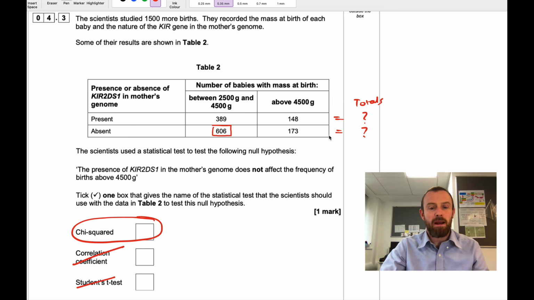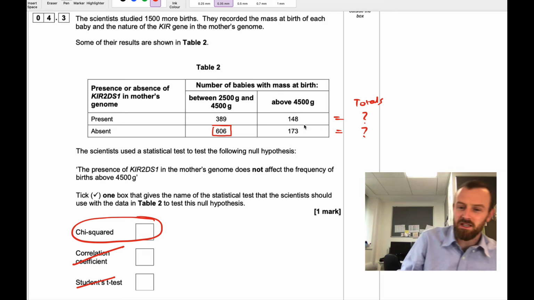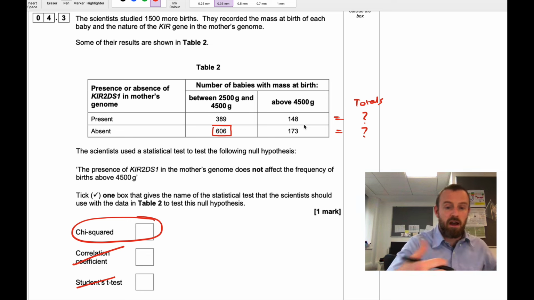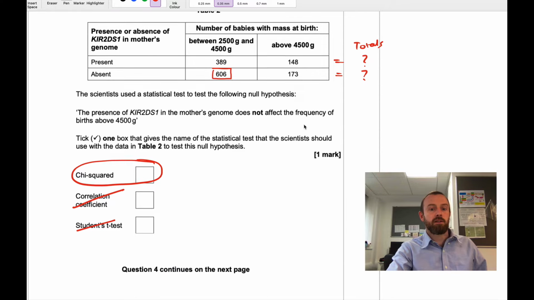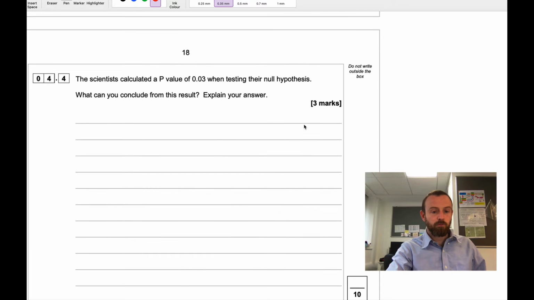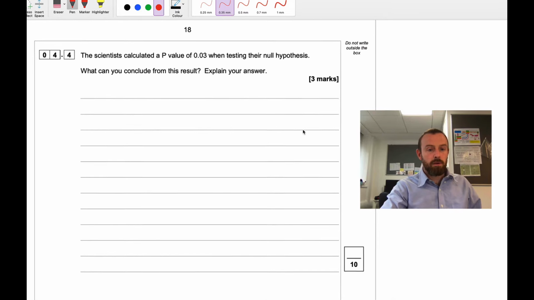So it's an expected ratio of these if there was no impact, an expected ratio of these if there was no impact, and then do the observed minus expected to see if our observed values are statistically different than the expected values. Luckily, we don't have to do that in this question because I think the next bit just goes into p-values.